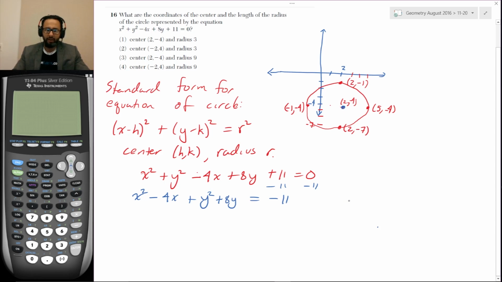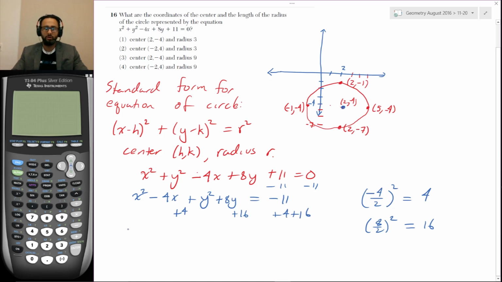So let's see, for -4 over 2 squared, negative 4 over 2 is negative 2, squared is 4, and 8 over 2 is 4, and 4 squared is 16. So I'm going to add 4 and add 16 on the left, and then here I'm going to add 4 and add 16.